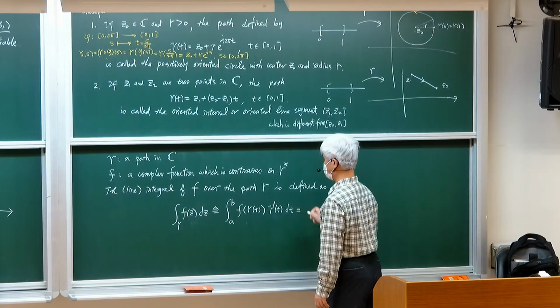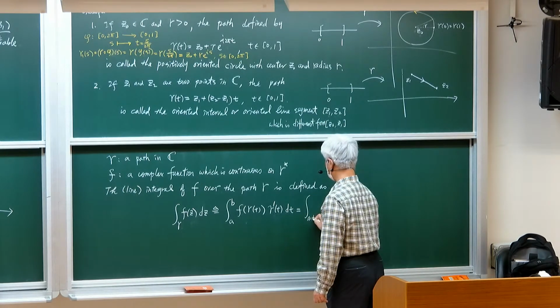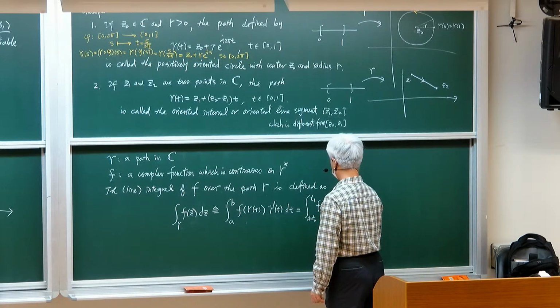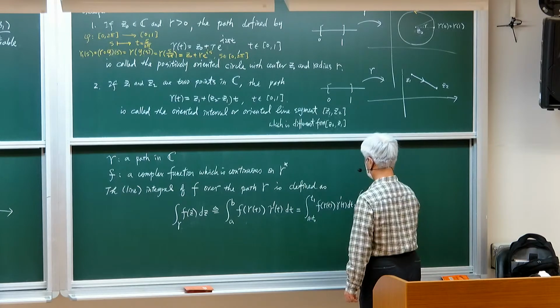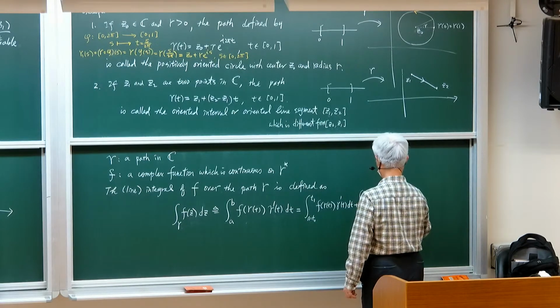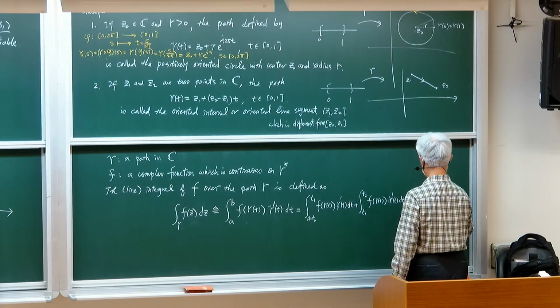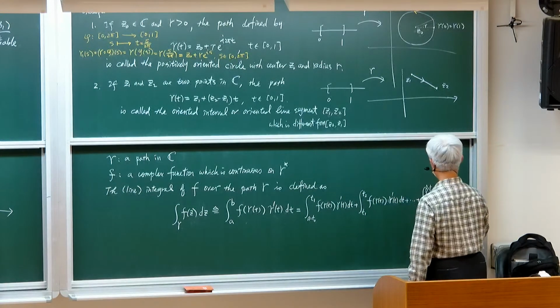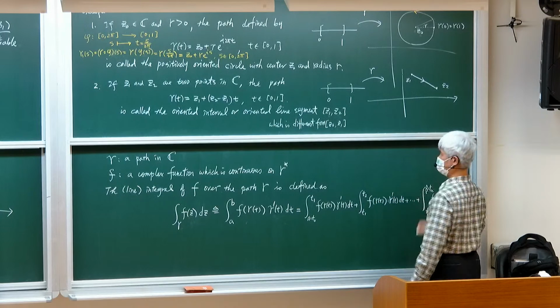So the evaluation will become, say, the integral from t0 to t1 of f(gamma(t)) gamma prime(t) dt plus the next pieces.